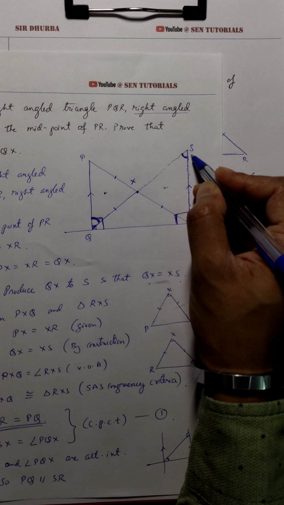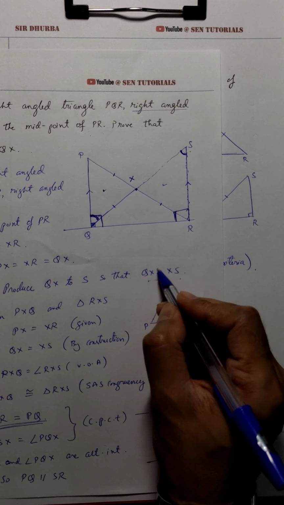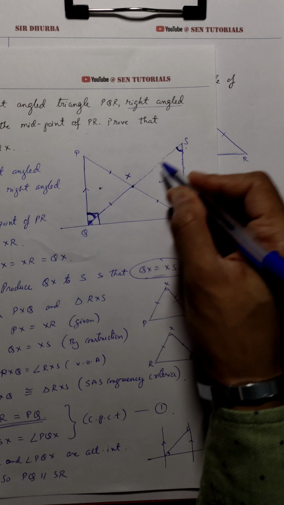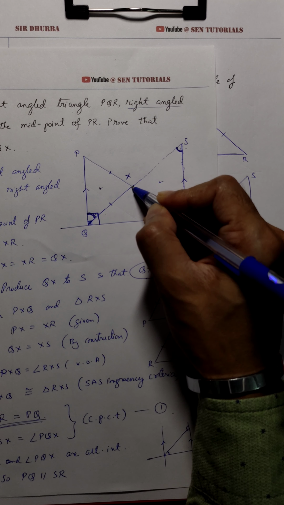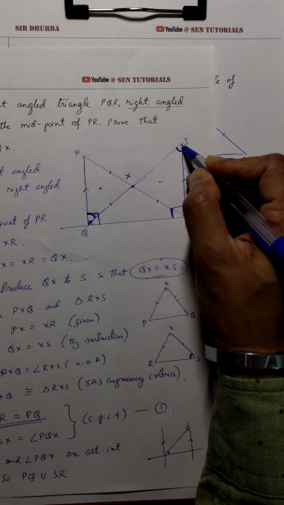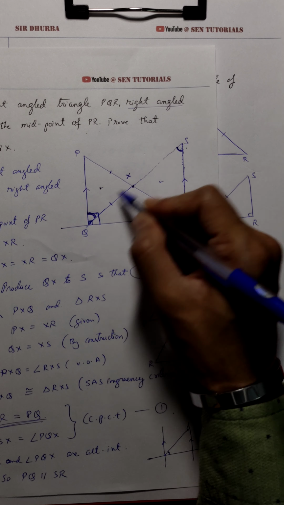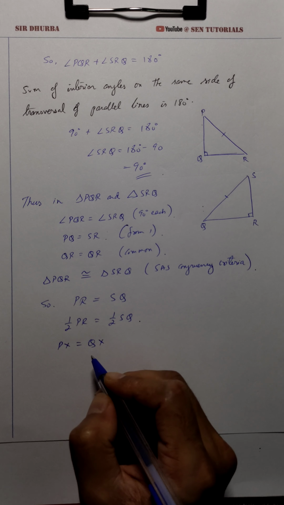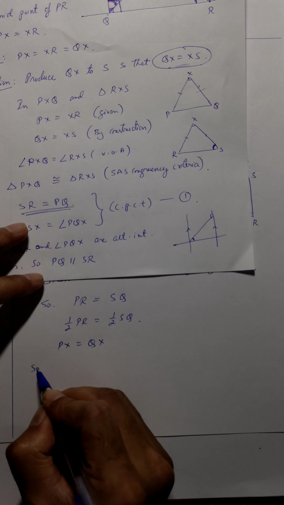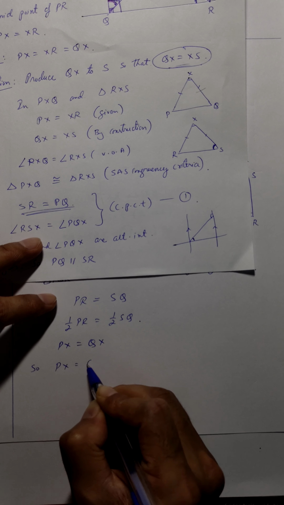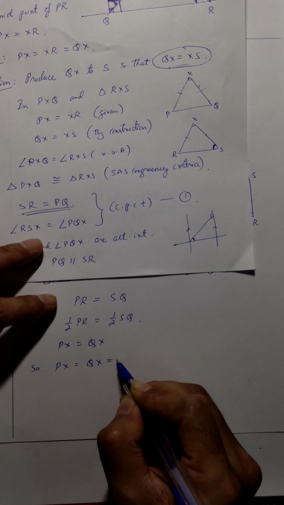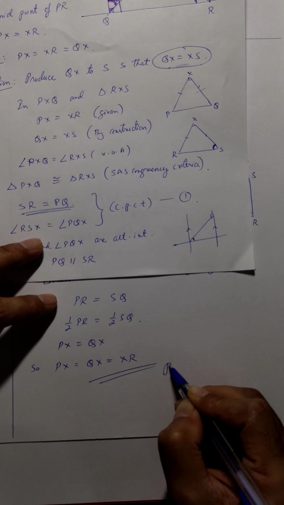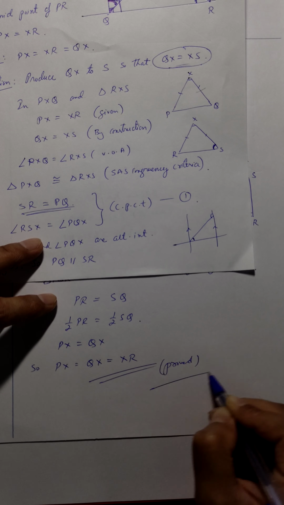Because QX is equal to XS, that's how we took the construction, X is also the midpoint of SQ. So half of SQ can also be written as QX. So PX is equal to QX, and PX is also equal to XR. Isn't it?